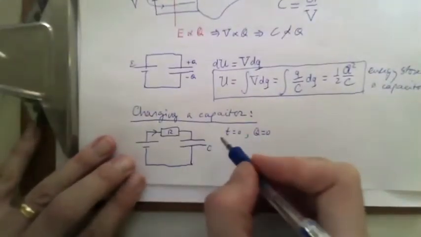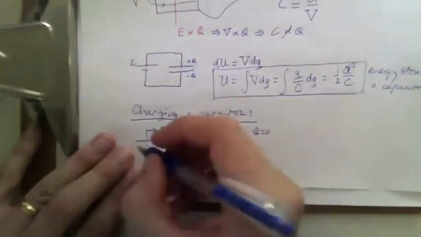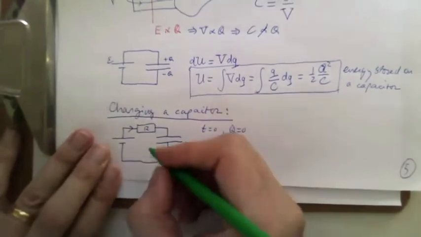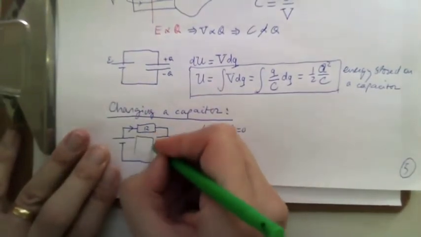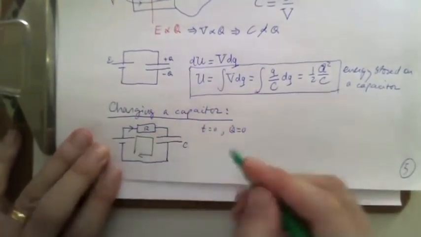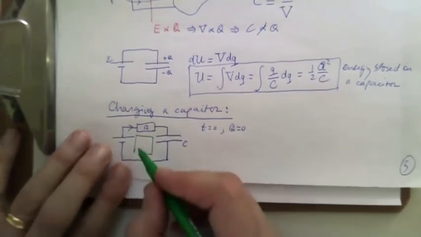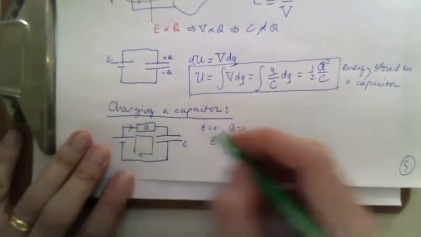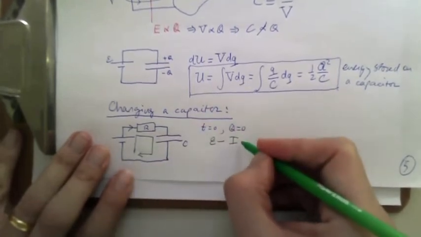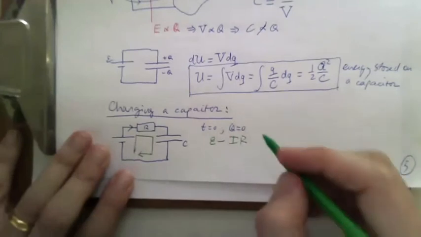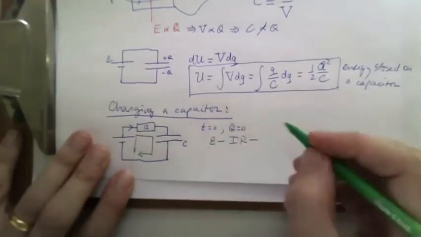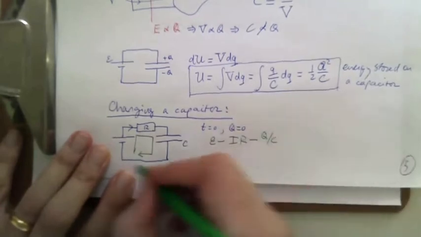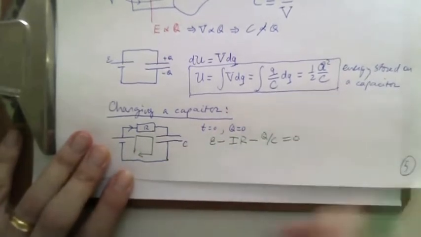So we can use, again, our Kirchhoff's loop rules to figure out how that happens. If we go in a circle, then this E minus I times R minus the voltage on the capacitor, which is Q over C, and then we're back to 0.